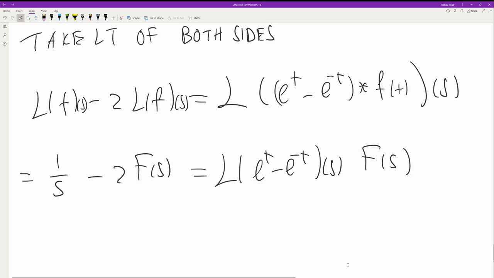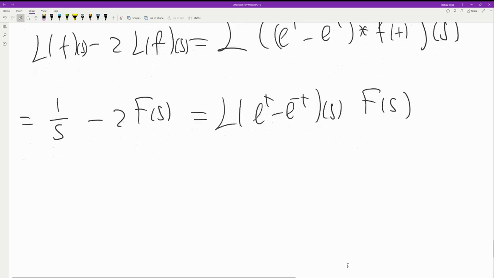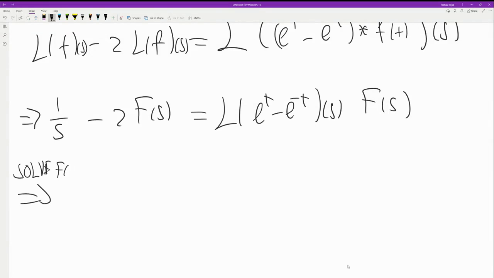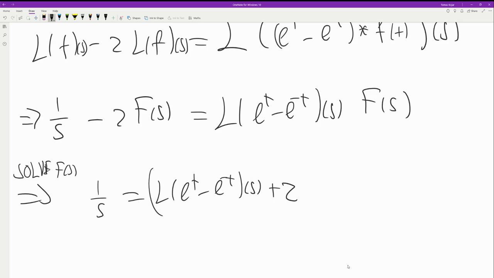Right? So now solve for F of s. So 1 over s squared equal to, plus 2.